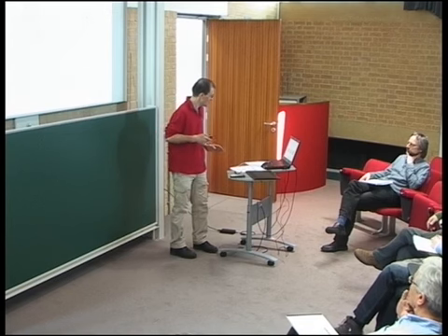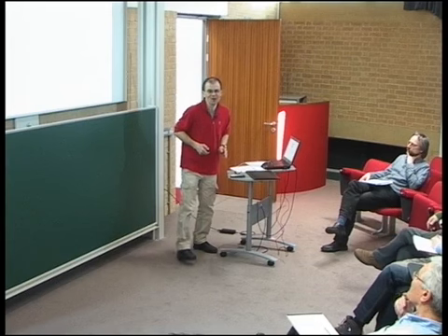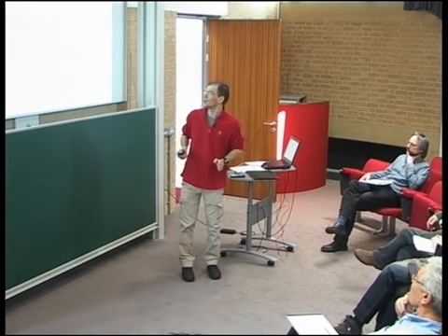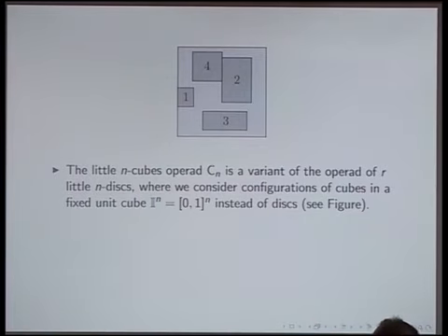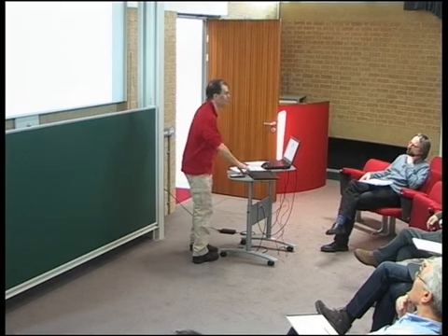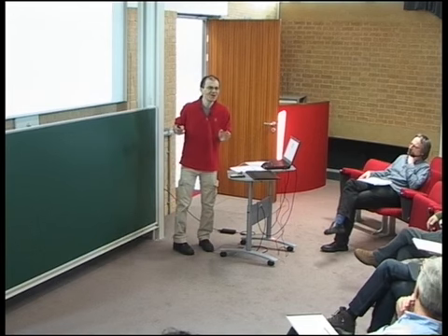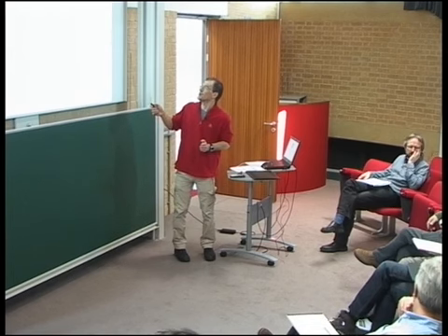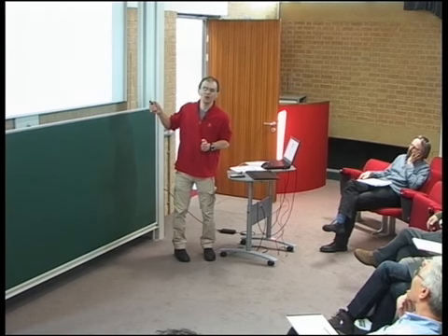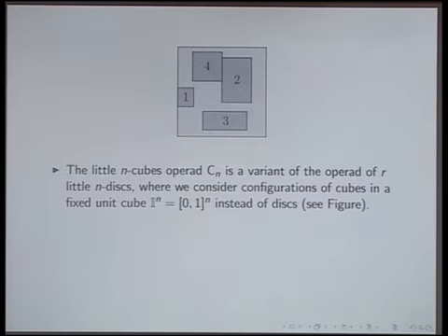There is another basic example, which is the little cubes operad. It just means that you replace disks by cubes. So the little n-cubes operad is a collection of spaces, C_n(r), which are defined just as the little n-disk spaces, except that you consider configurations of little cubes in a big unit cube. Cubes mean rectangles. The only significant thing is that the boundaries of the rectangles are parallel to the boundaries of the unit cube.